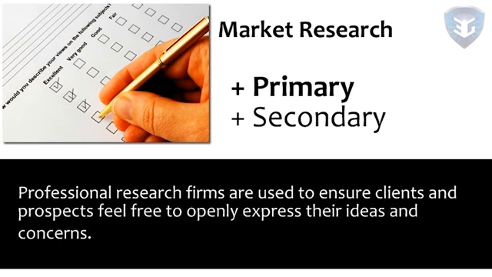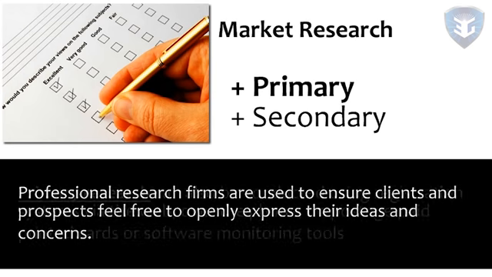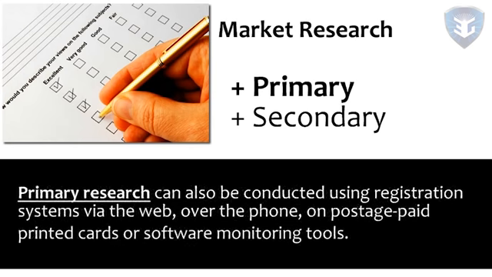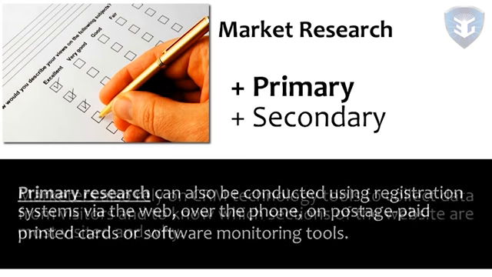Now, often, professional research firms are used to ensure clients and prospects feel free to openly express their ideas and concerns. Primary research can also be conducted by using registration systems via the web, over the phone, on postage-paid printed cards, or software monitoring tools.